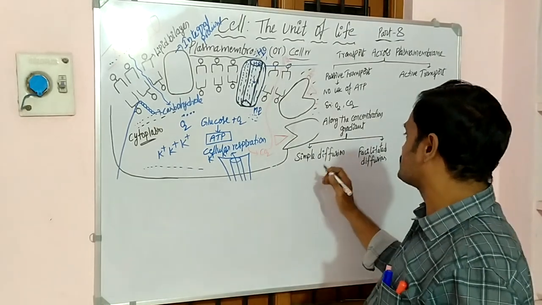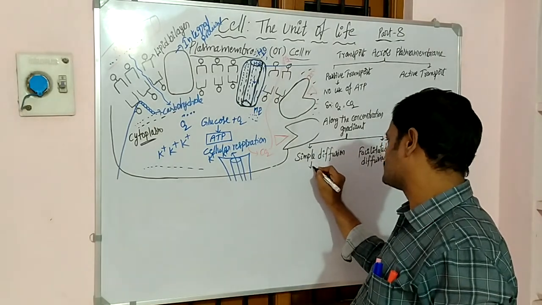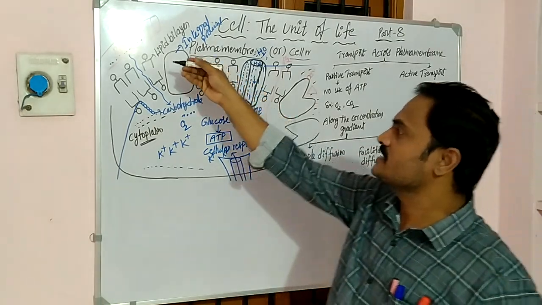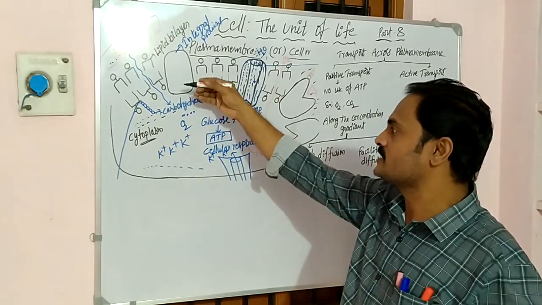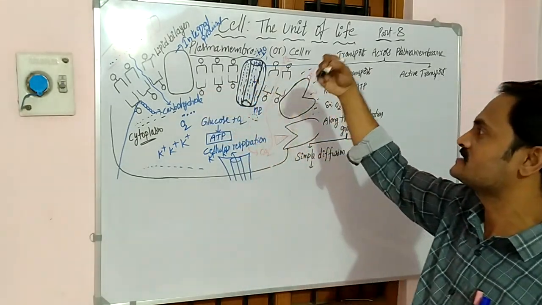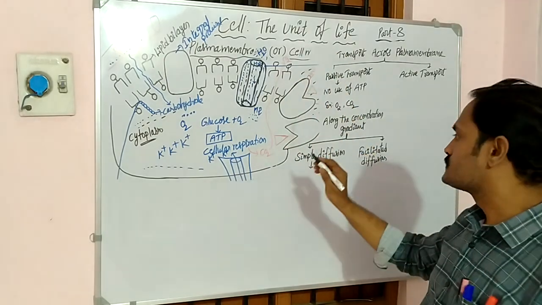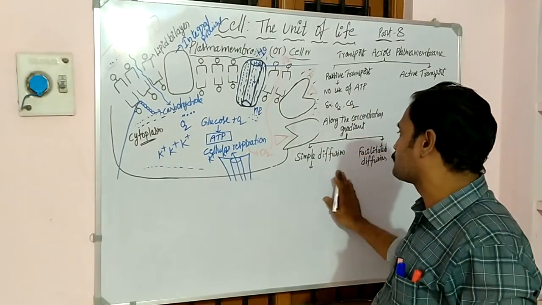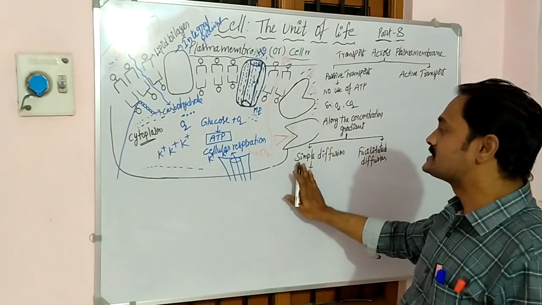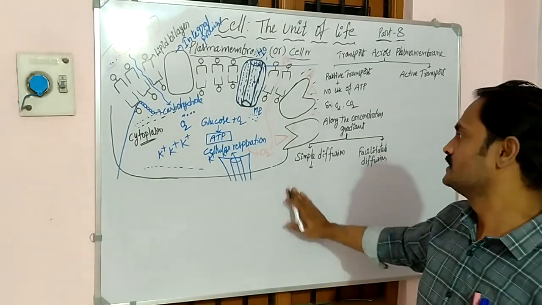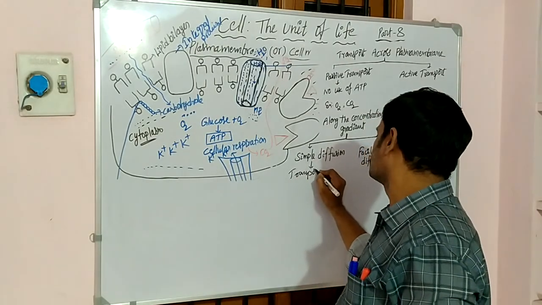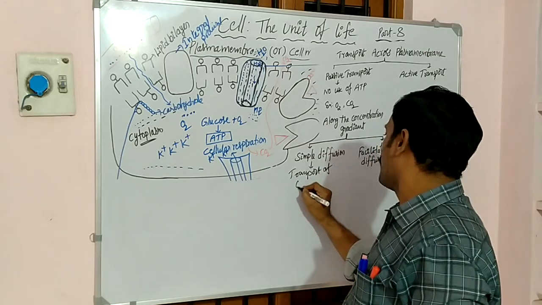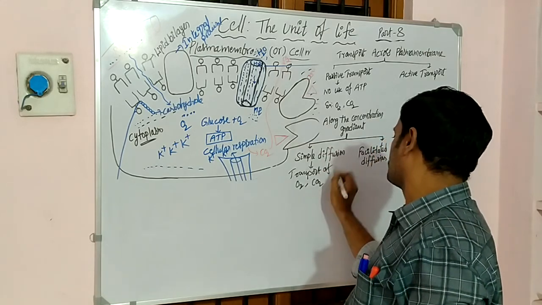So what does simple diffusion mean? Oxygen enters into the cell, carbon dioxide is sent out of the cell. This kind of process is called simple diffusion: transport of oxygen and carbon dioxide.